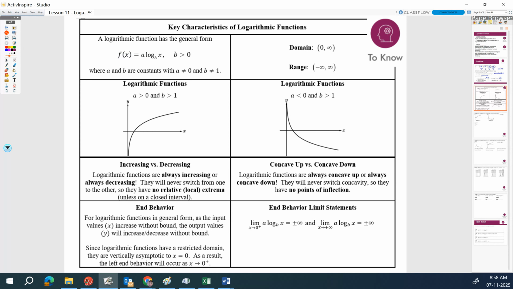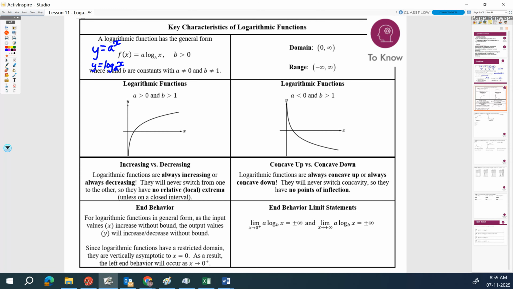This is because if we think where the base comes from, as it's a rearrangement of an exponential function, an exponential function is y equals a to the x. So this would then rearrange into y equals log base a of x.